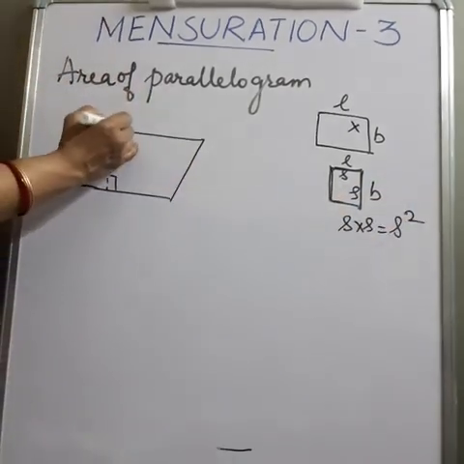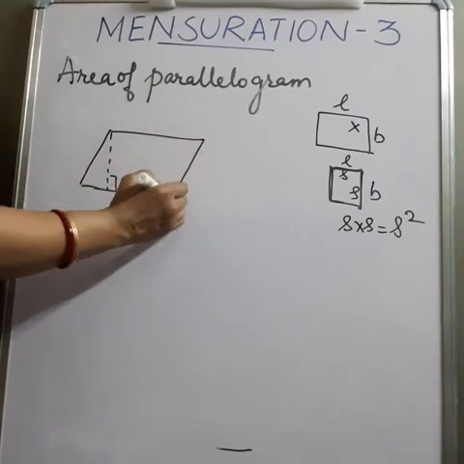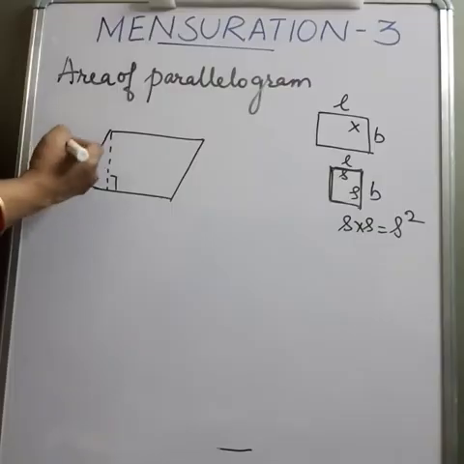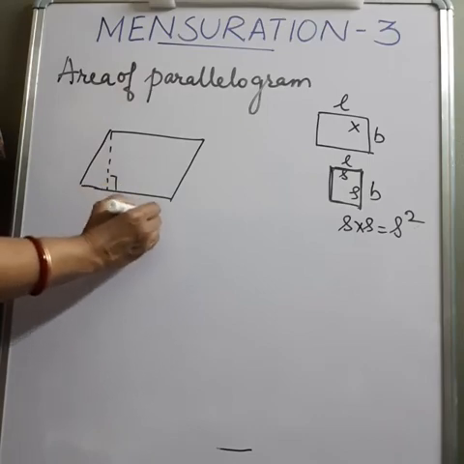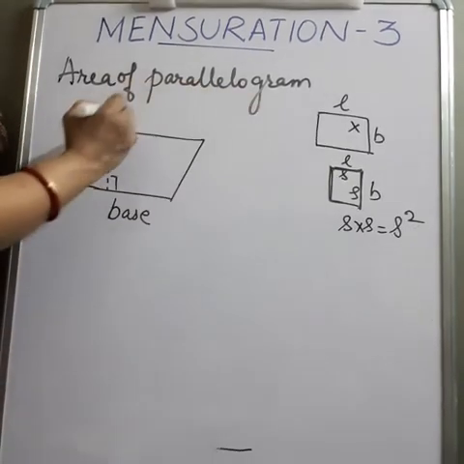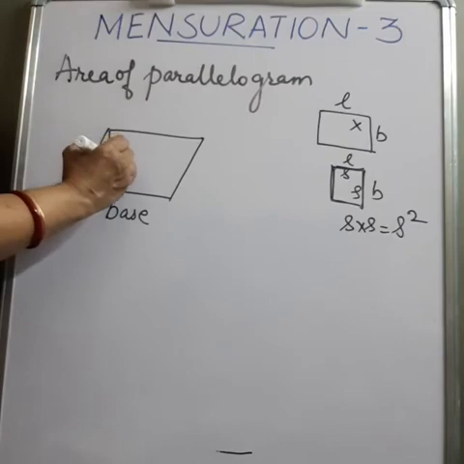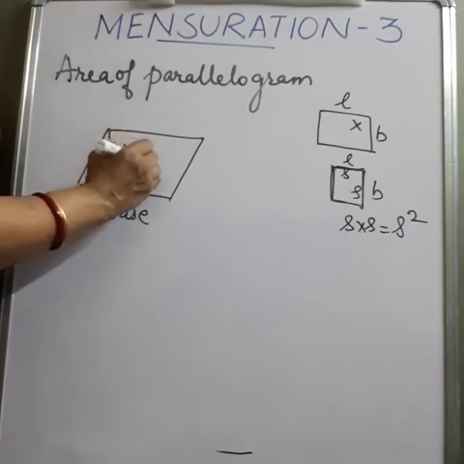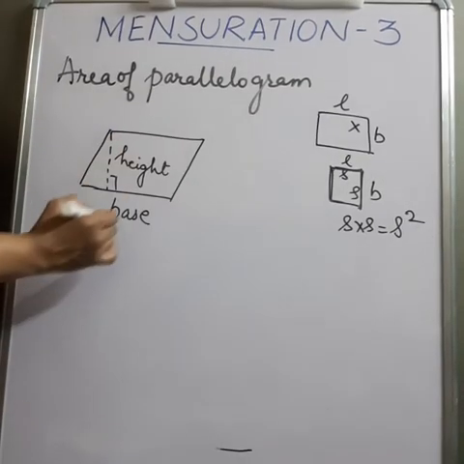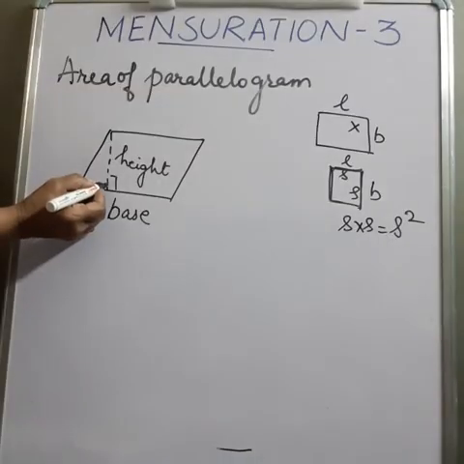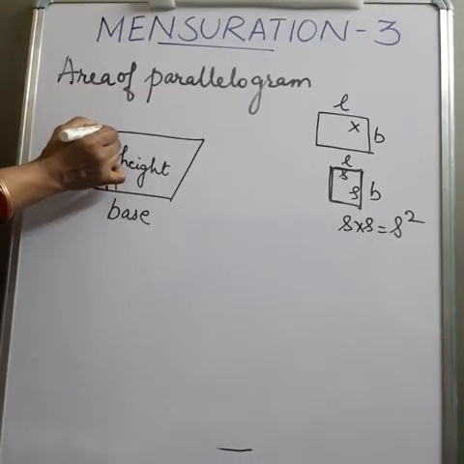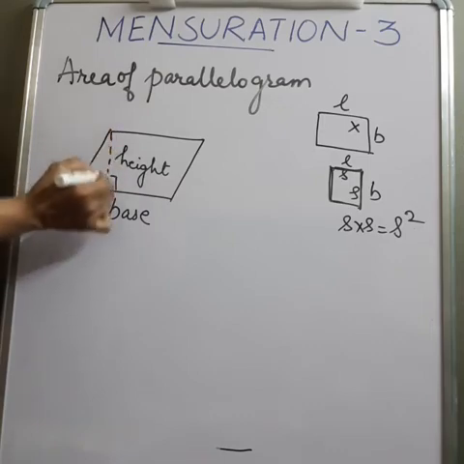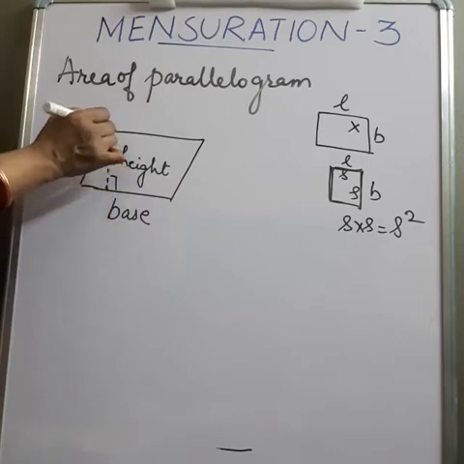Here also we will be multiplying the length and the breadth, but here the length we take as base, and the breadth we take as height. Height is also the altitude, that is the perpendicular distance from the base to the angle opposite to it.